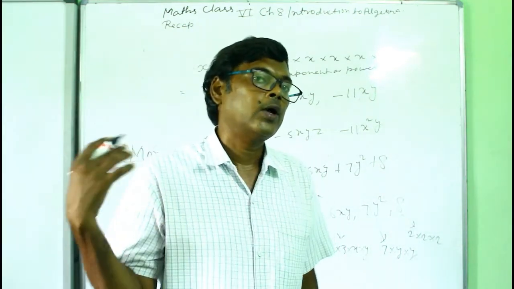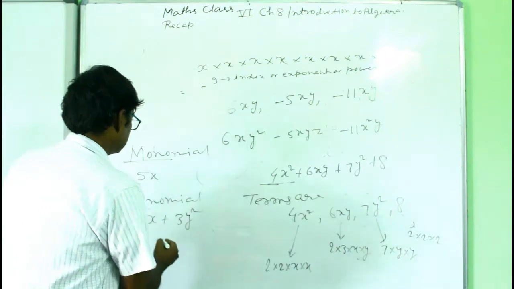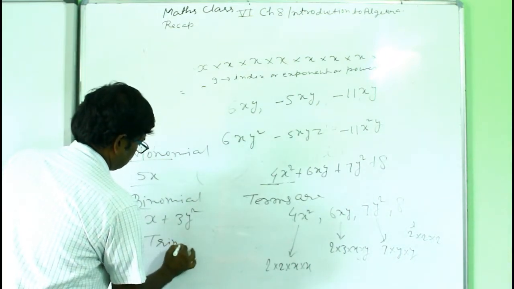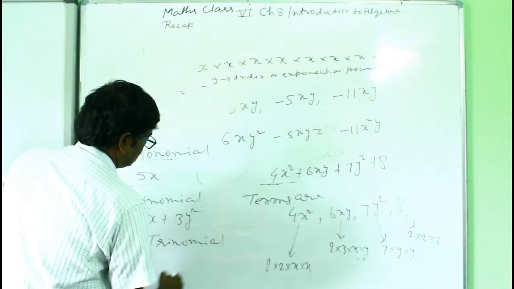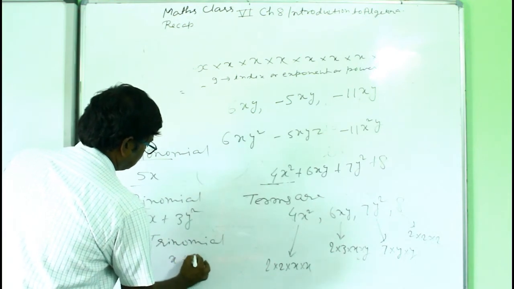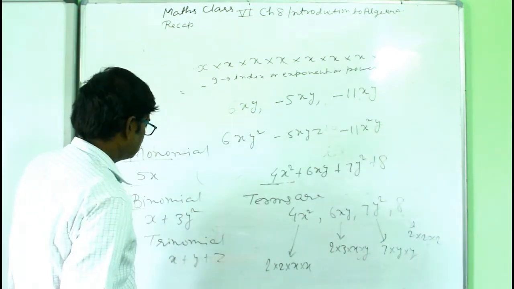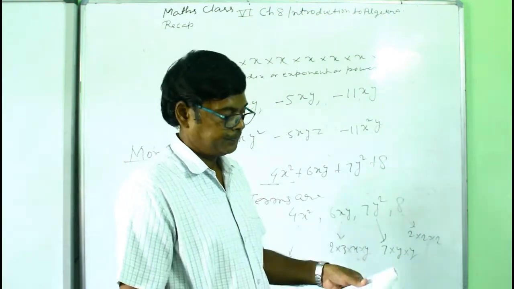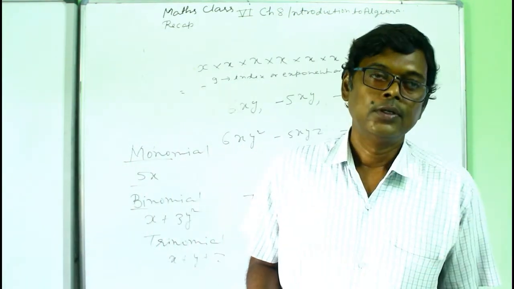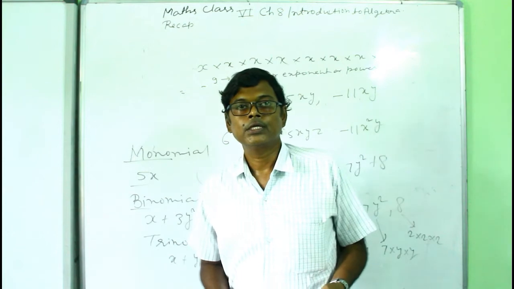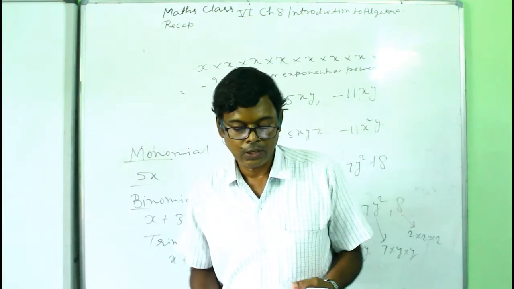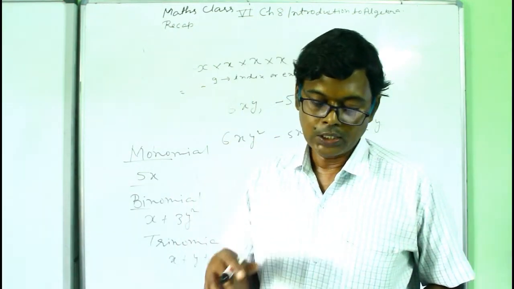Then you have the trinomial, that is when it has three terms, like x plus y plus z. This is trinomial because it has three terms. And if the algebraic expression has more than three terms, then they are called polynomials. Poly means many.